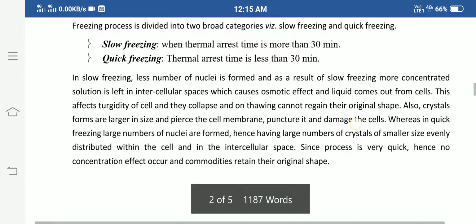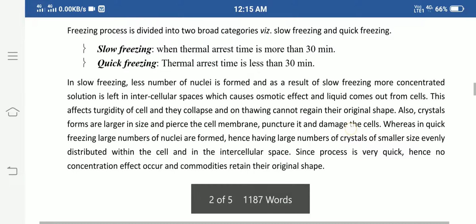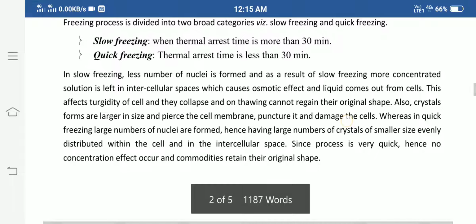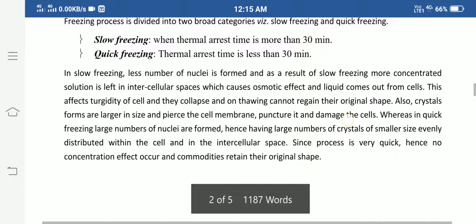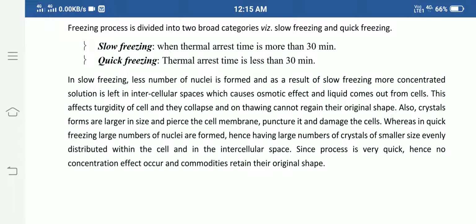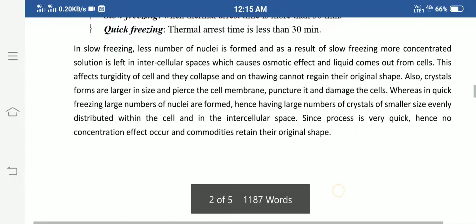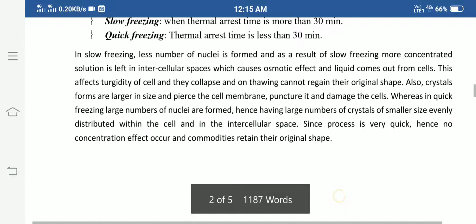Now, what is better, slow or quick? In slow freezing, a smaller number of nuclei is formed and crystallization occurs around those few nuclei. And in quick freezing, there are many nuclei and less ice formation around each nucleus in comparison to slow freezing.